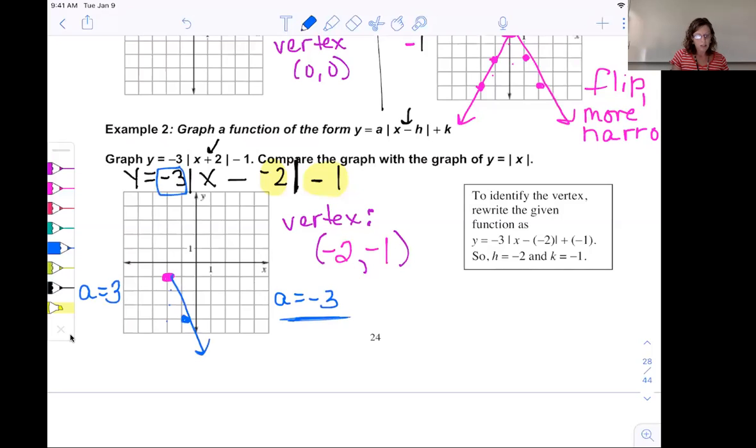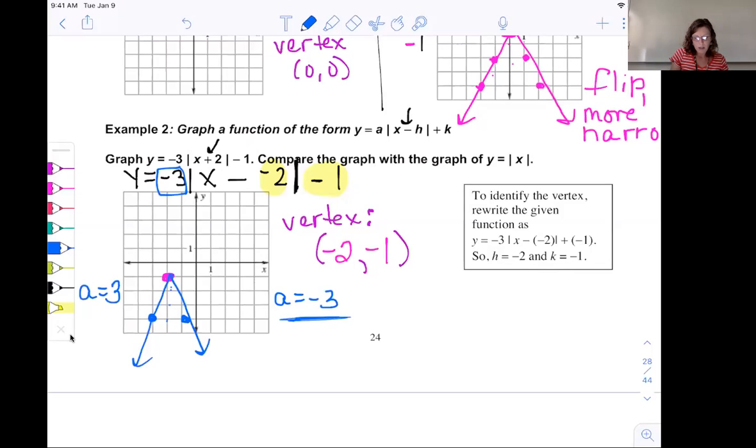I need to go down 3 and backwards 1 for the left side. So notice if it goes down, I'm still going down both times, except one time I'm moving right and the other time I'm moving left. So when you're graphing them, you're either going up on both sides, going up left and right, or you're going down on both sides, going down left and right.